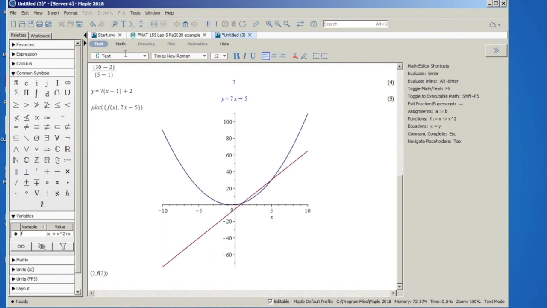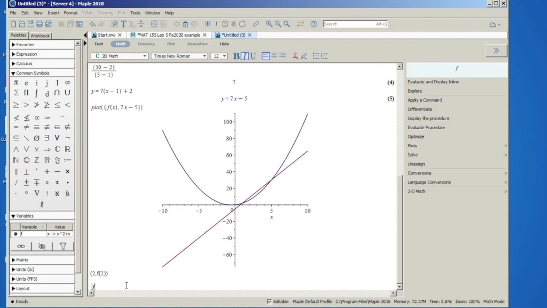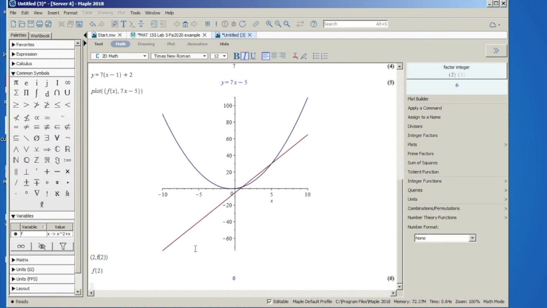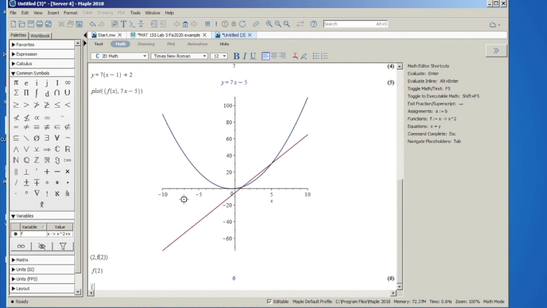All I need to do is find out what f of 2 is. F of 2 happens to be 6, and again I have to do the computation for the equation of a line. So I already know that f of 5 is 30, and my x2 is going to be 5.